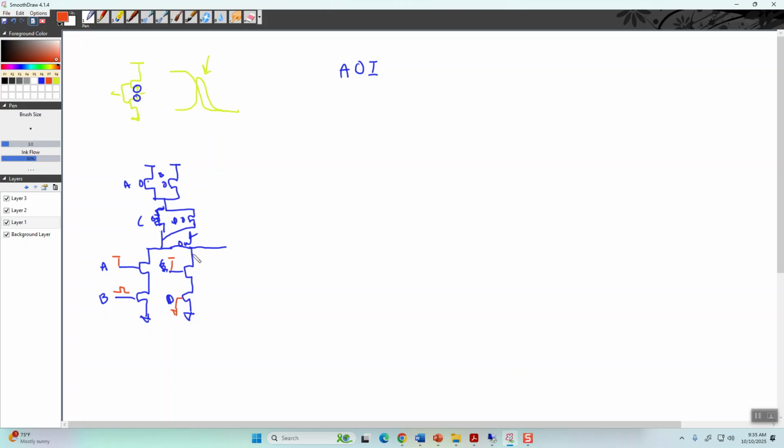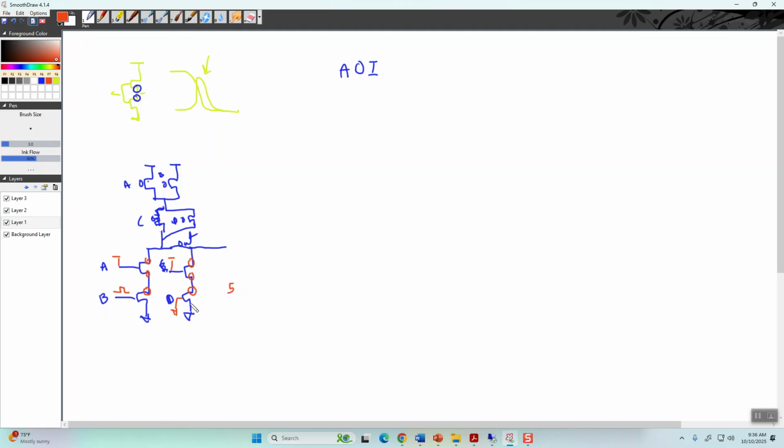That means the current will only flow through here. Because if it could flow through both, it would be faster, right? But I have to count up the capacitances. So this is on. So this, this, and this all need to be charged and discharged. 1, 2, 3, 4, 5.